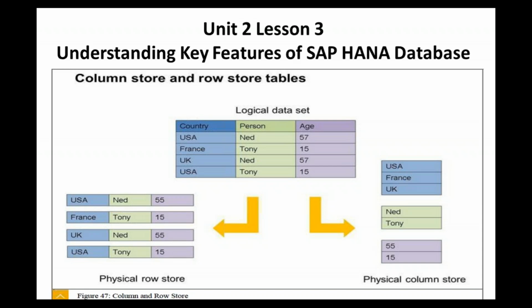In which scenarios we'll use column storage and which scenarios we'll use row storage is what we'll discuss later. But the way the data is getting stored is this, guys. We have this data being stored row wise and column wise. This is what we have.